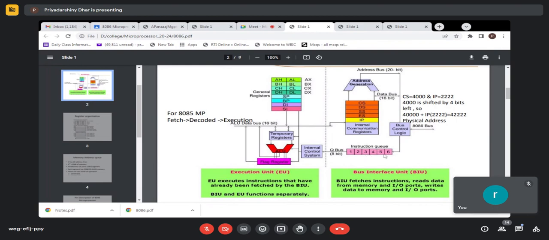This kind of overlapping operation is called pipelining. Underline: this type of overlapping operation is called pipelining. Another question will come: what is pipelining? What is the pipelining architecture of the 8086 microprocessor? Write down the question.